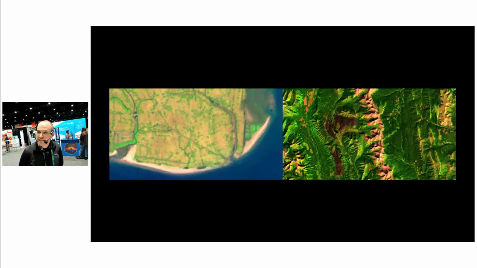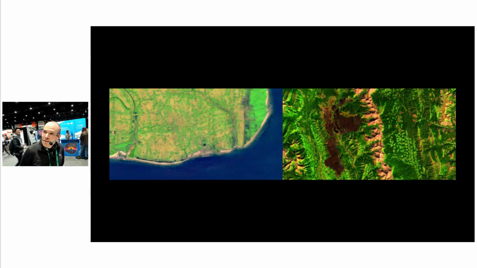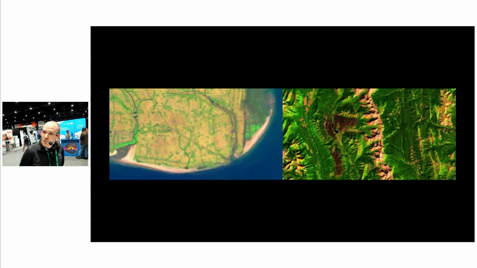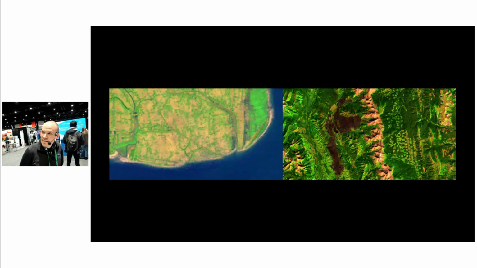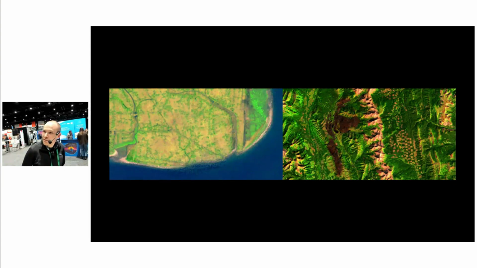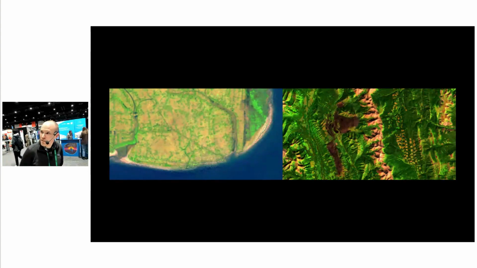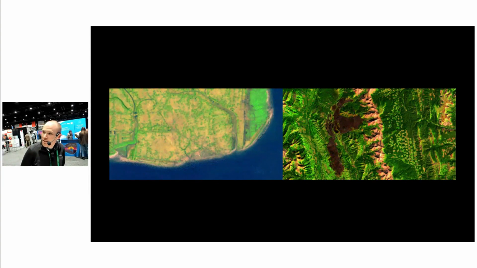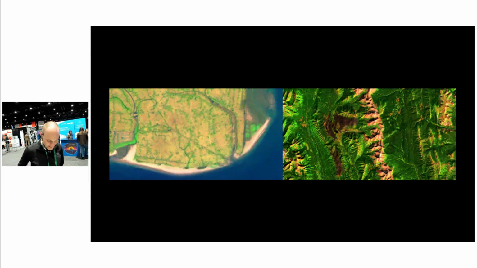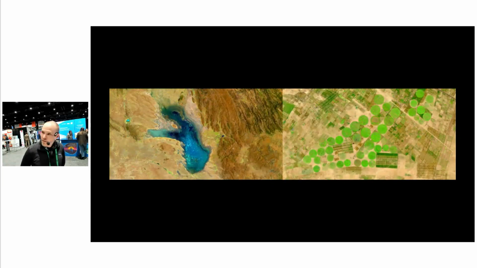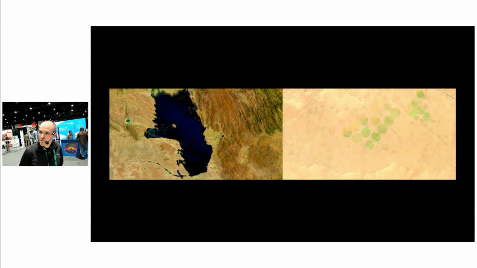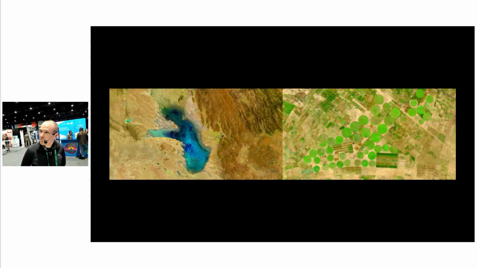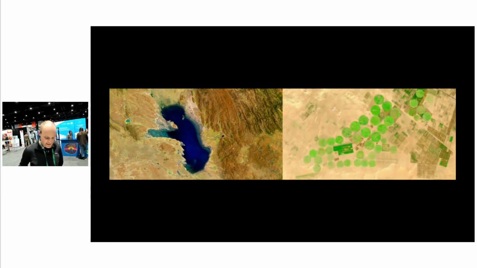We can see things like, on the left there, shoreline changes on Cigar Island in India. On the right is forest change in British Columbia. You can see forest clear cuts and a big open pit coal mine. Lots of other changes like lake level rise and fall, agricultural irrigation in the desert.